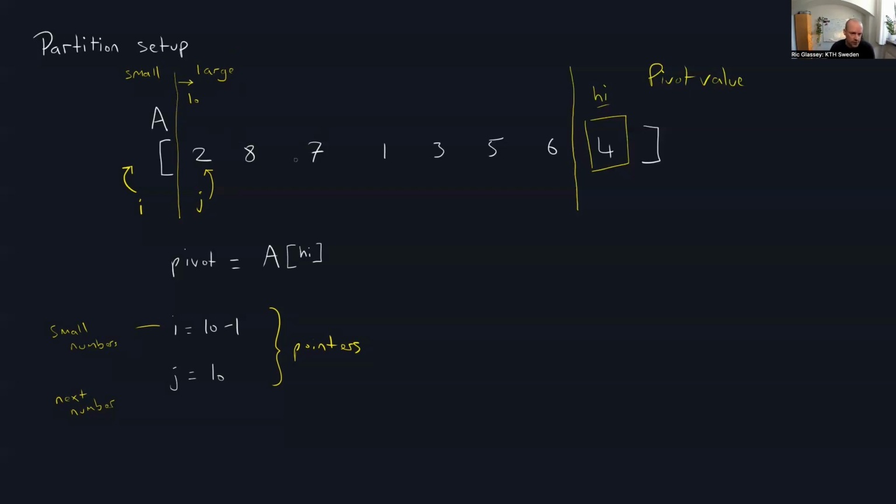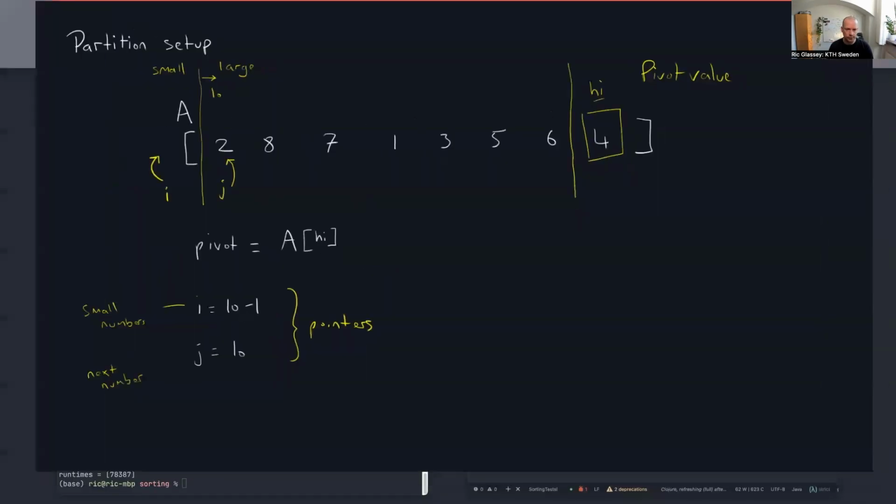But for now, this is our setup. We have our low -1, which is pointing out here, and our j pointer pointing to the first element. And we're imagining all these numbers over here to explore and to compare with the pivot. So that's the first part, before we even start our for loop.